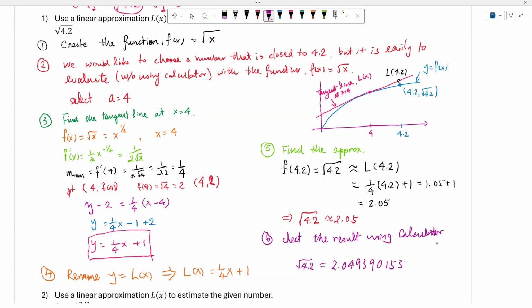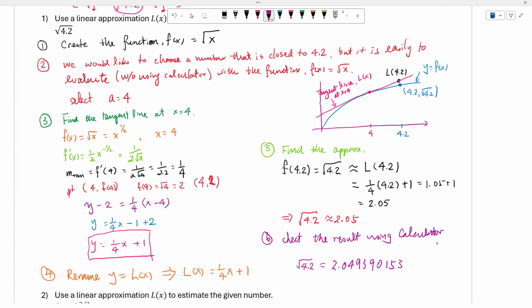And then you compare to our answer 2.05. Wow, you will see that they are really close, right? If I round the number square root of 4.2 to 2 decimal places, they are the same then. So this is kind of like the idea how we use linear approximation or linearizations to help us to estimate a number.